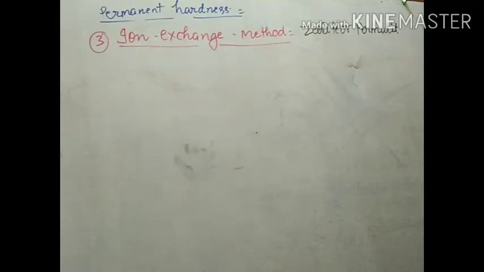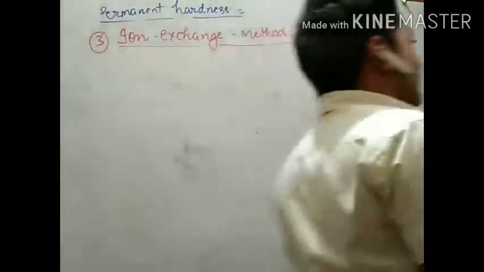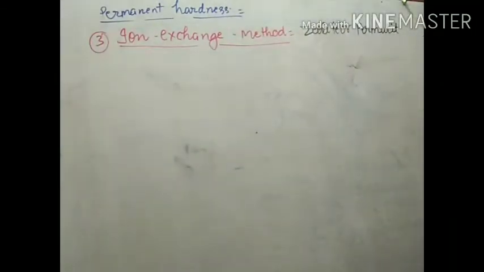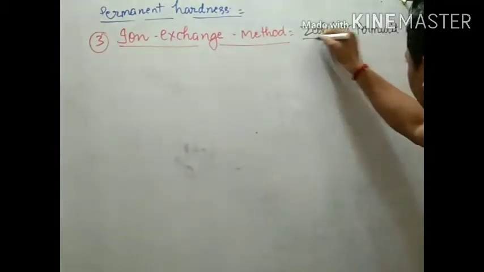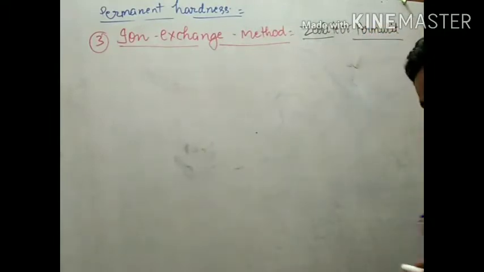This method is also a very important method for removal of permanent hardness. So we have three names for that: ion exchange method, zeolite method or permutit method.